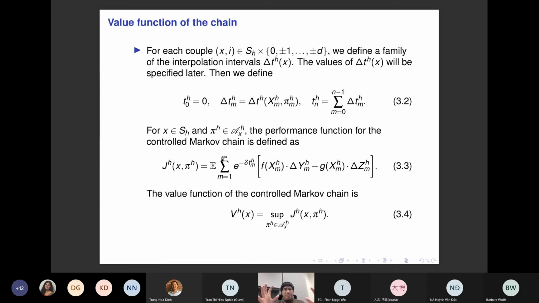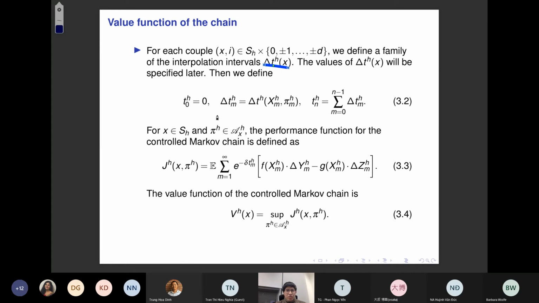Now we have the Markov chain. In order to prove the convergence, we need to construct the interpolation. So we need to find a continuous, say, interpolation of the Markov chain to prove the convergence. For that, we need to introduce the interpolation intervals.